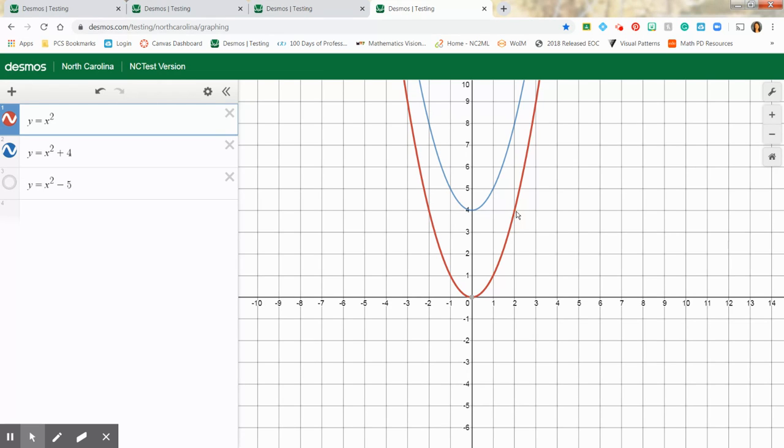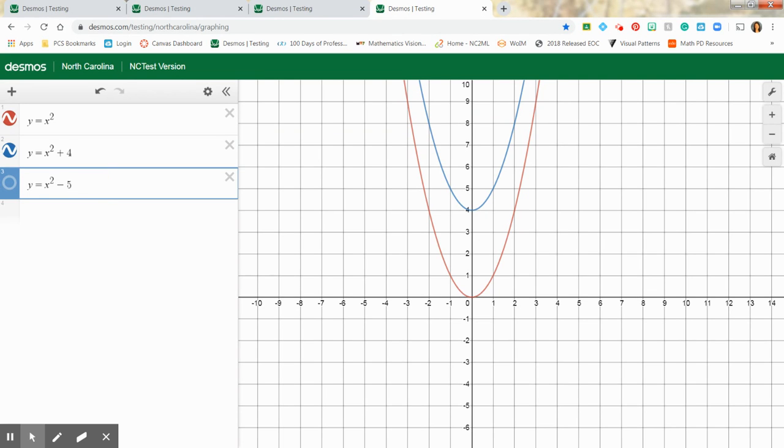This point right here was 2, 4. If I shift that up 4 units, now I'm at 2, 8. So this plus 4 is shifting my graph up 4 units, and this plus 4, that constant, also will tell me what my y-intercept is.